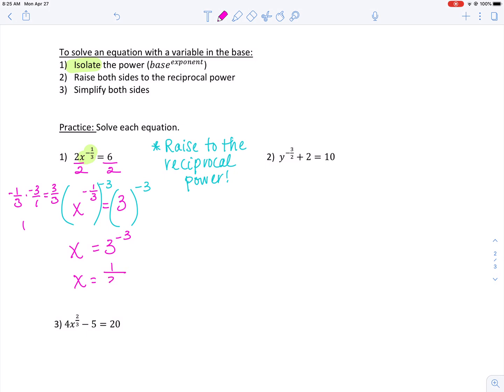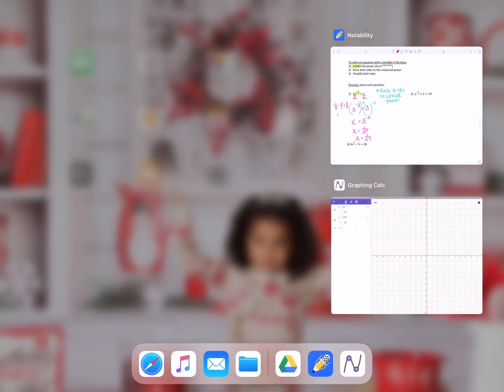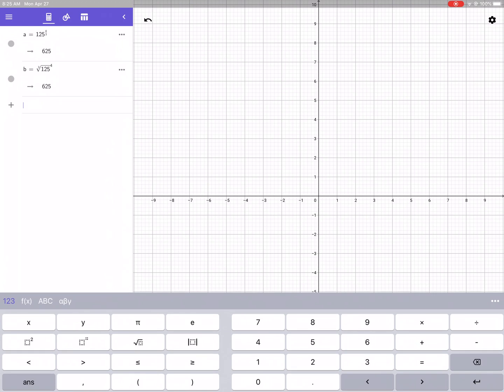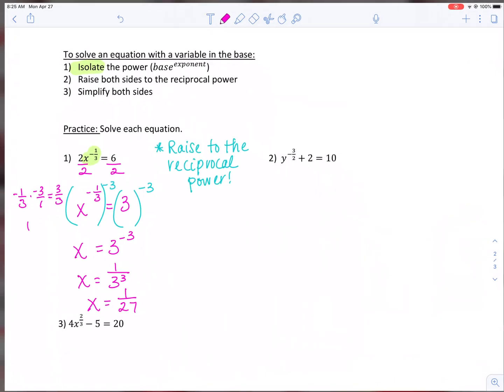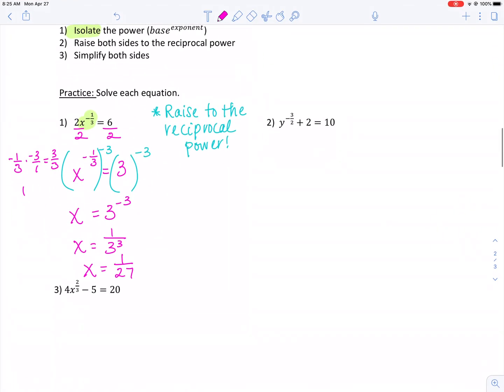That's 1 over 3 to the 3rd power, which is 1 over 27. Again, you can go into the calculator and go right to 3 to the negative 3, and you'll get your 1/27. Okay, let's try another one.